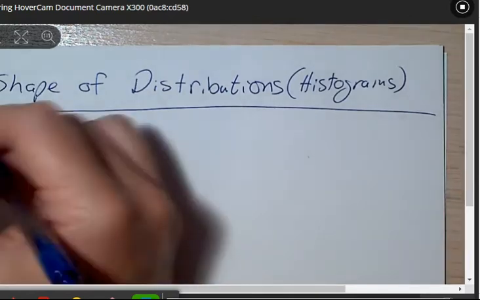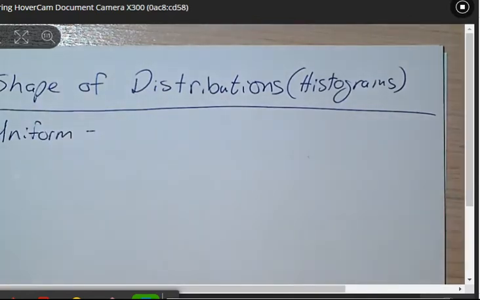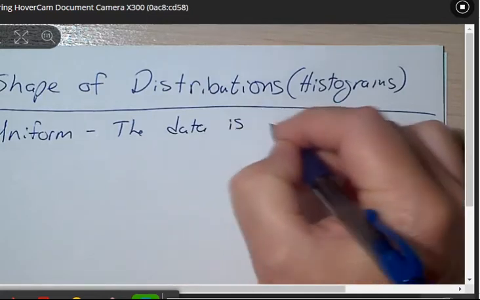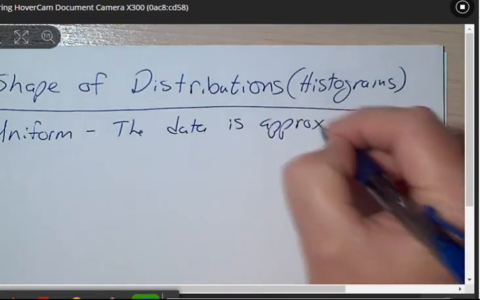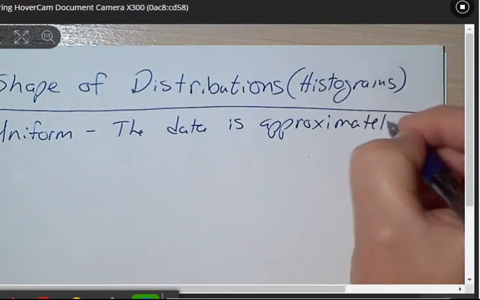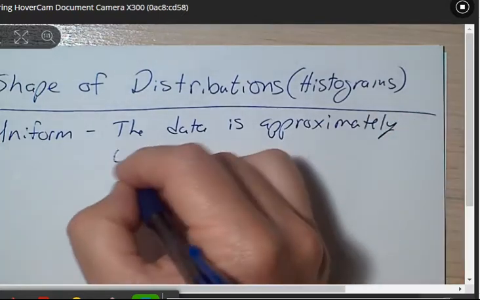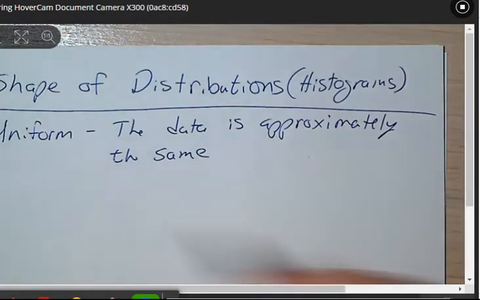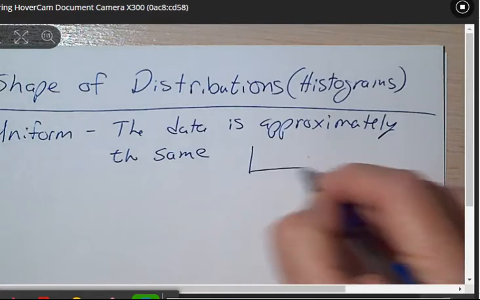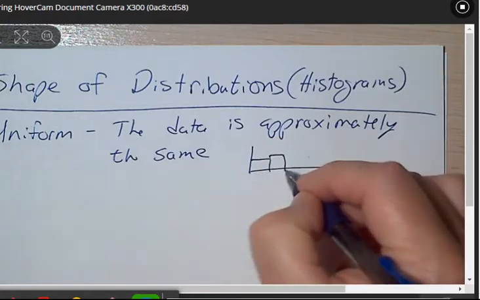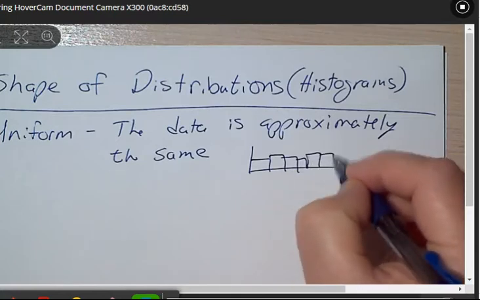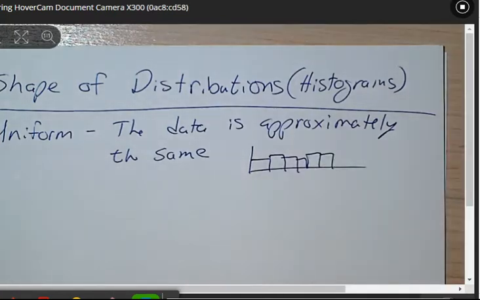You have what they call uniform, where the data is all kind of the same. So this would be one where if you had a problem like this, you'd have a bar graph and everything would be kind of, maybe not exactly the same, but relatively flat all the way across.